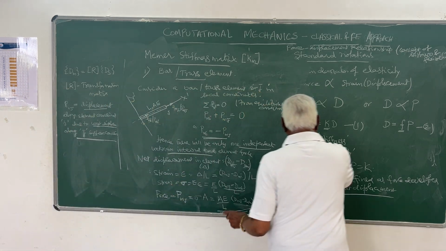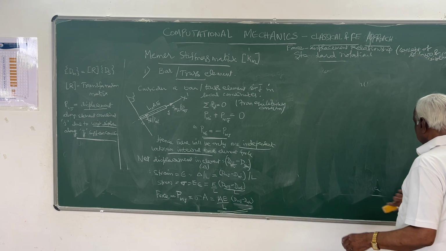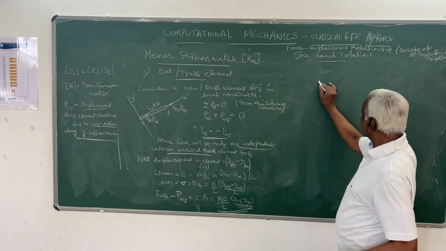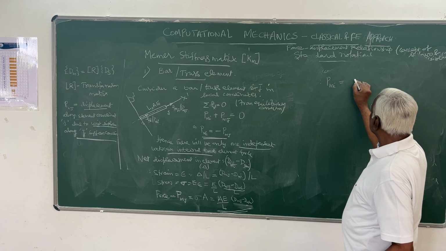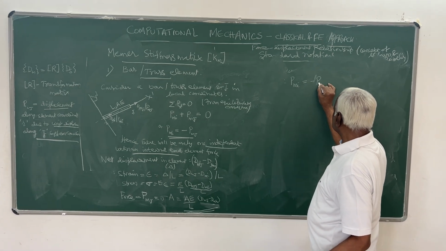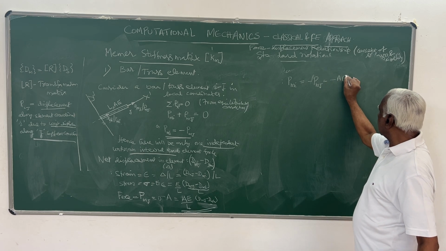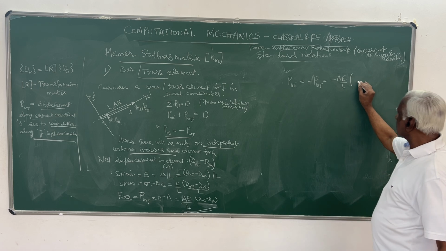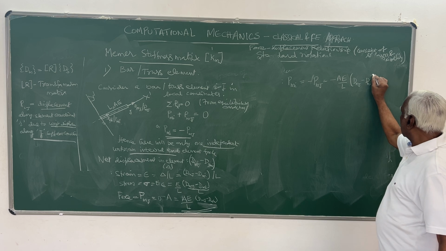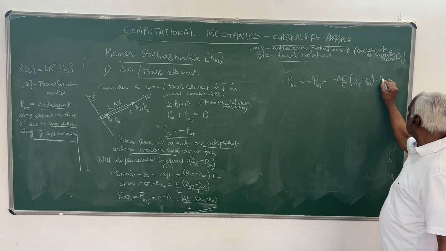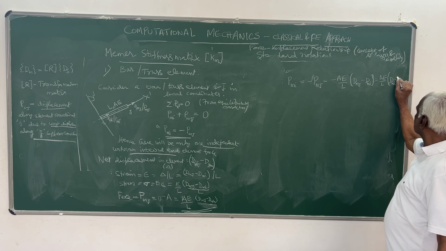So when this is known, PMI we have found out, so the stiffness matrix I can write. Therefore, PMI is equal to minus PMJ, that is equal to minus AE by L into DMJ minus DMI, or it is equal to AE by L into DMI minus DMJ.